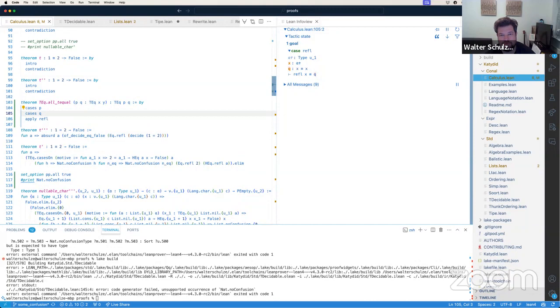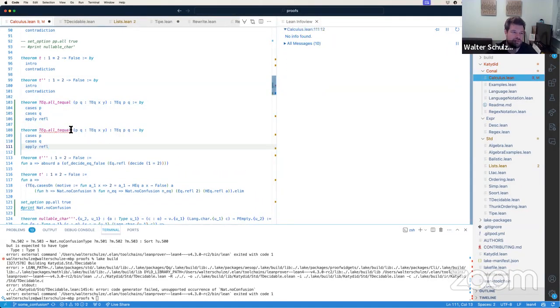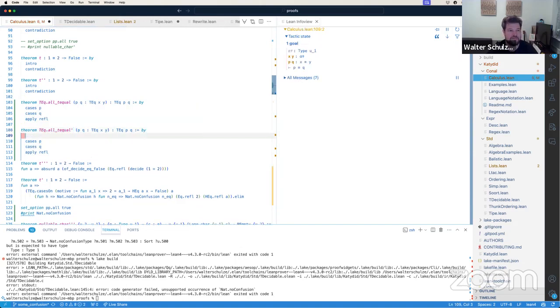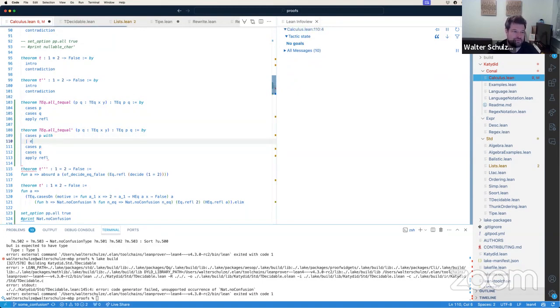And then we do the same with Q. These two are exactly the same, so we should be able to say match. Wait, it's usually case refl, refl x.